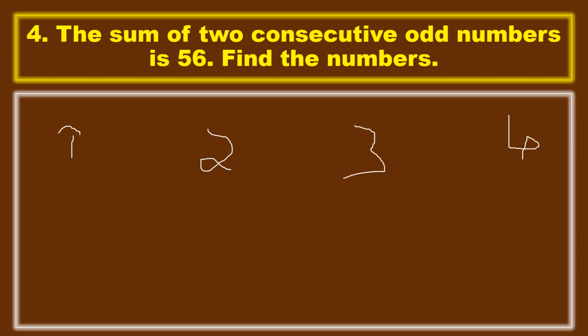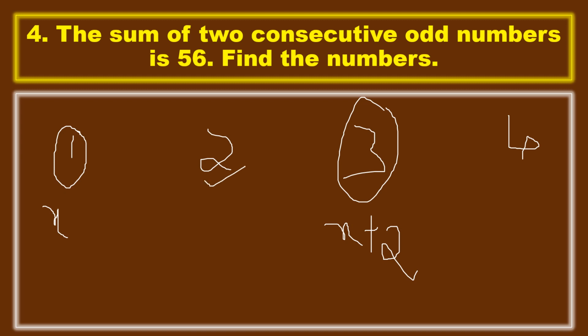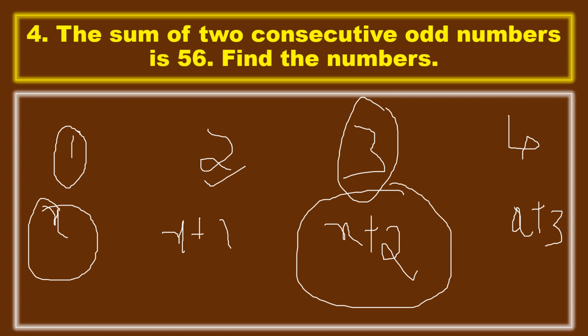I can write the odd numbers as x and x plus 2 here, and when you are writing the even numbers 2 and 4, you can take x plus 1 and x plus 3. Here I want odd numbers, so my consecutive odd numbers are x and x plus 2.